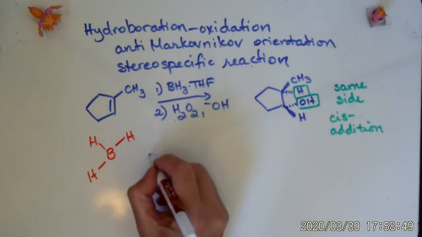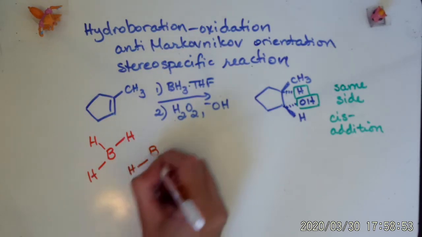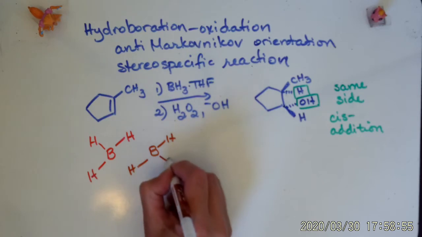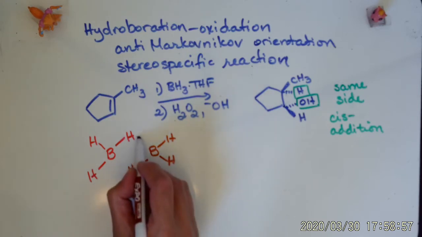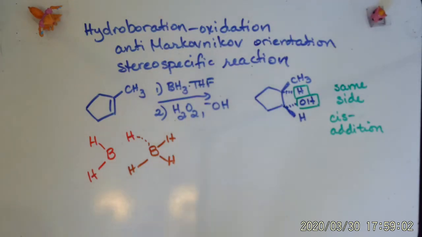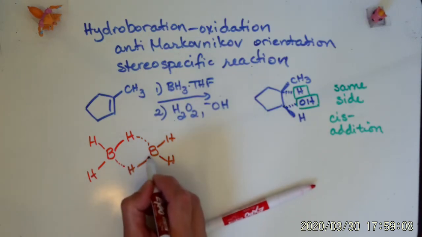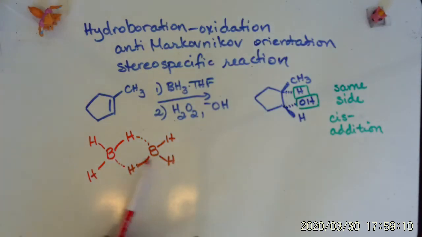So what happens is, with another boron, it forms what we call a banana bond. That is, between 2 BH3s, 2 of the hydrogens are shared. So each of the boron atoms thinks it has an octet around it.